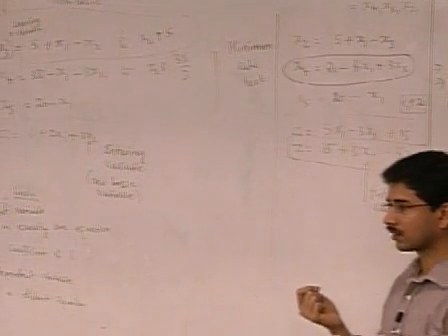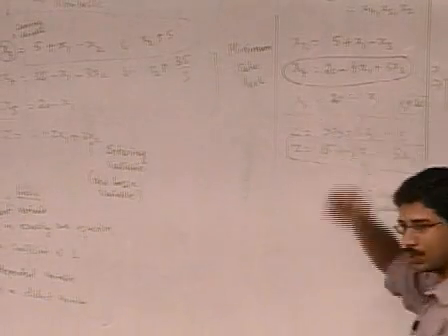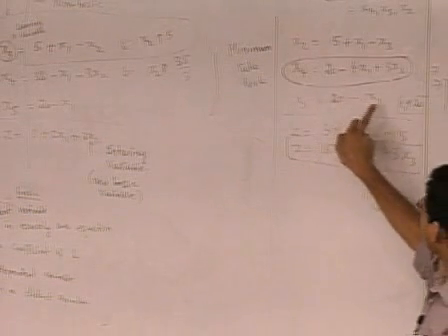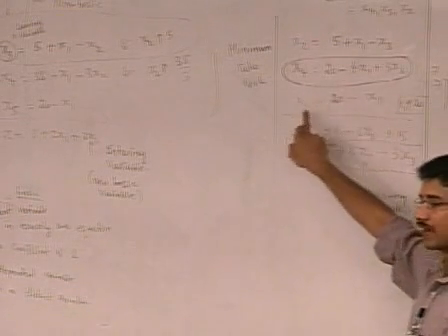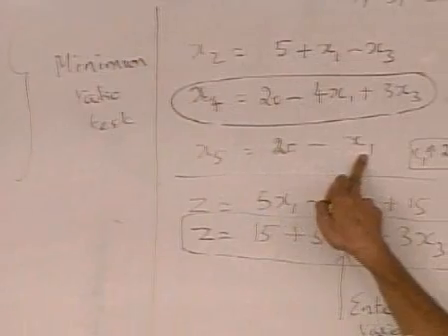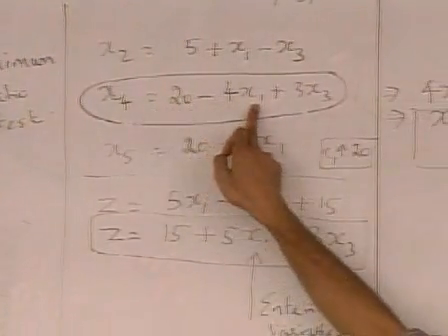Well, I'm not getting it. Let me do this one more time. If you use this equation, x1 is expressed in terms of x5. If you plug in that value of x1 here, you would get x4 in terms of x5.